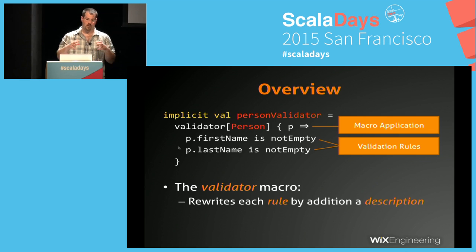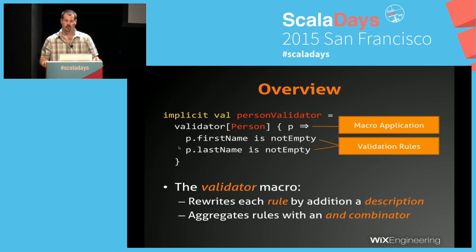It needs to figure out what's going on within each validator rule, generate some sort of description, and then rewrite the rule so that the description gets attached to the resulting code that actually gets compiled into the user code base. And it needs to take all of these rules and aggregate them within an AND combinator, some sort of mechanism that says all of these rules need to apply. These are the two things that the macro does.